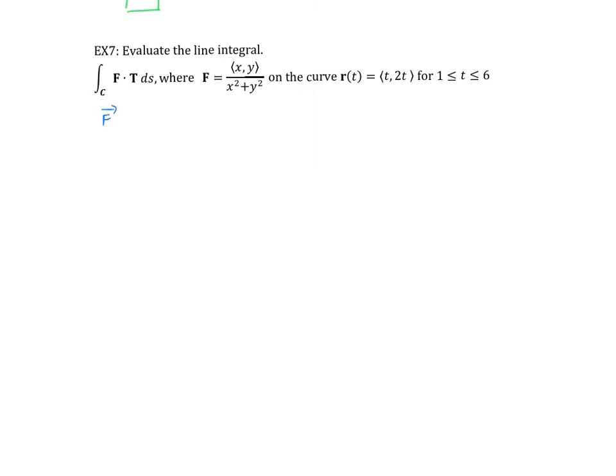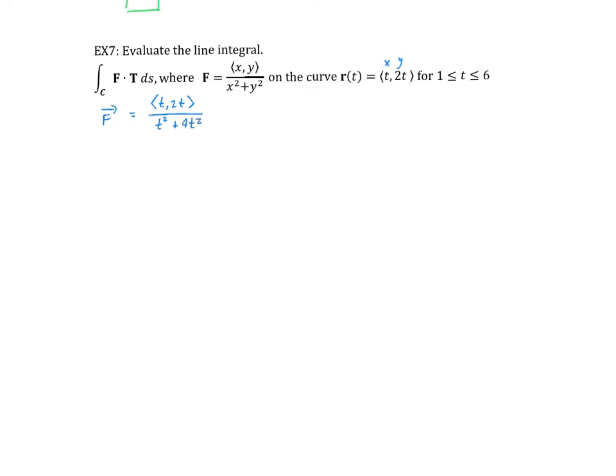So my vector field, remember my x is t, my y is 2t. I think I'm going to go ahead and write out my vector field as t comma 2t and see if I can simplify that a little bit. X squared would be t squared plus y squared is 4t squared.